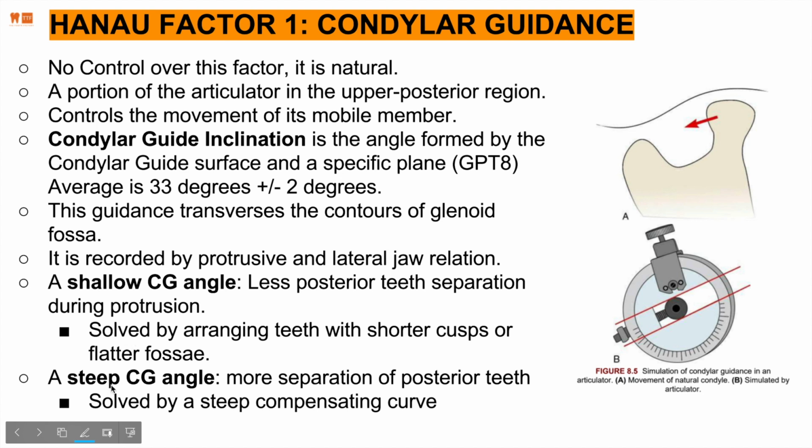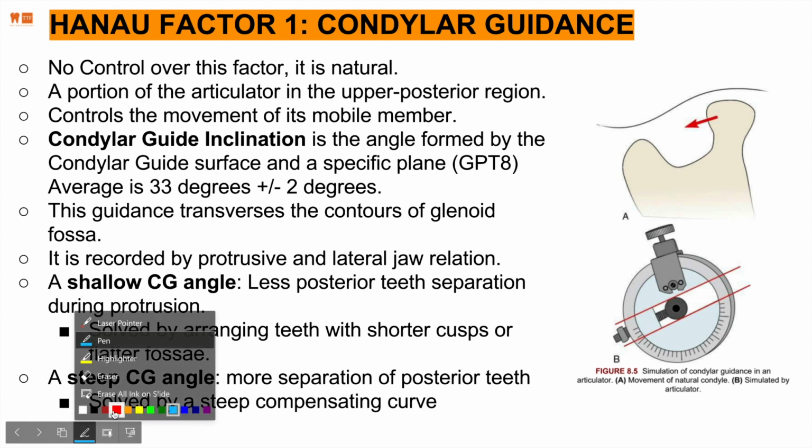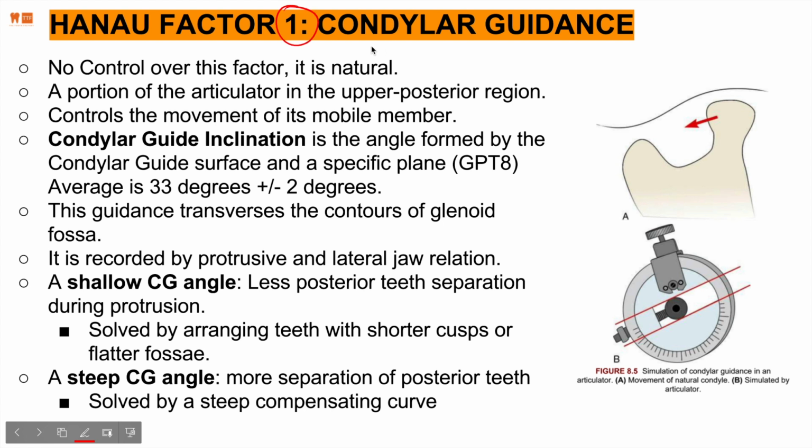Okay. I know I'm trying to kind of bottleneck you guys slowly but surely, but let's find out what we can decipher for each factor. Okay. Factor number one, condylar guidance. There is no control over this factor. It's completely natural. A portion of the articulator in the upper posterior region, basically looks like this on the articulator, is what controls the condylar guidance.